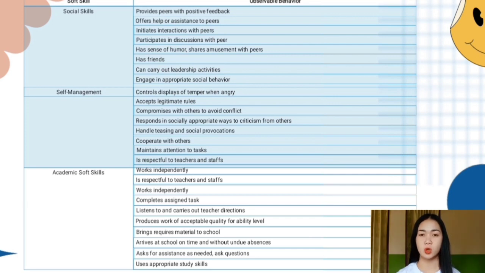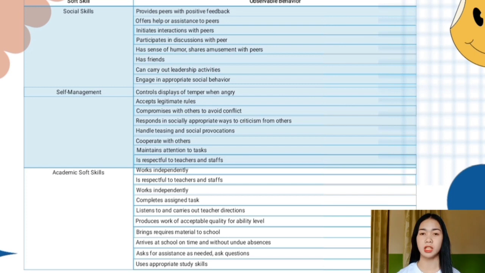So the first is social skills. The observable behaviors are provides peers with positive feedback, offers help or assistance to peers, initiates interactions with peers, participates in discussions with peers, has a sense of humor, shares amusement with peers, has friends, can carry out leadership activities, and engages in appropriate social behavior.